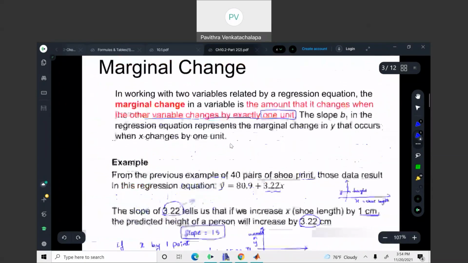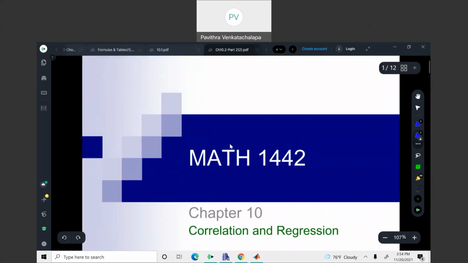So this is all about your chapter 10. As I said, we will not be studying sections 10.3 and 10.4, but we will learn a few concepts based on that, and you will find problems. Like in lab 10, you studied finding the confidence interval, PI values, right?